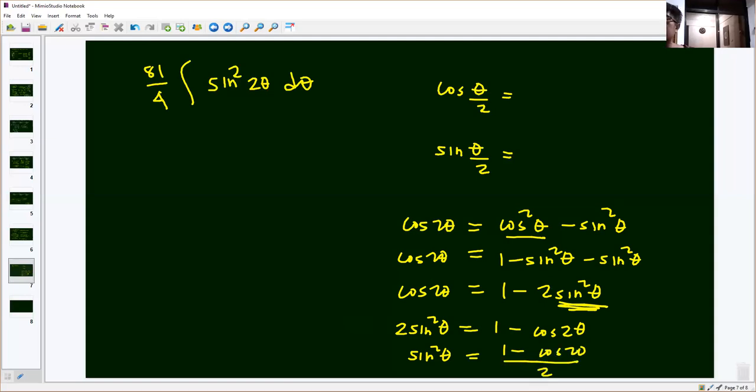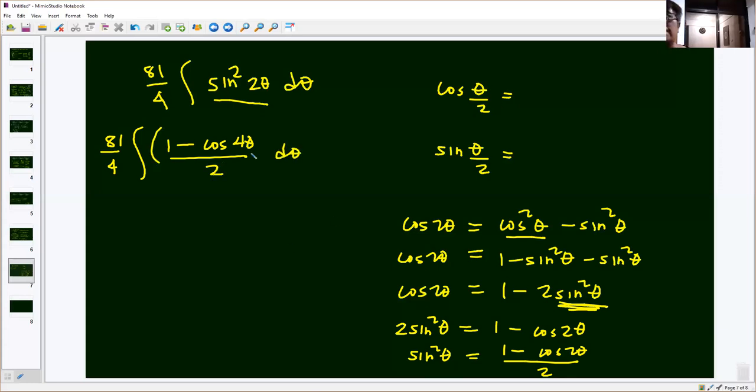So sine squared equals 1 minus cosine 2 theta all over 2. Follow, guys? Now look at this. 81 over 4 integral, that is sine squared 2 theta. Ano mangyayari sa kanya? Magiging ganito siya. 1 minus cosine 4 theta over 2 d theta. Follow that.